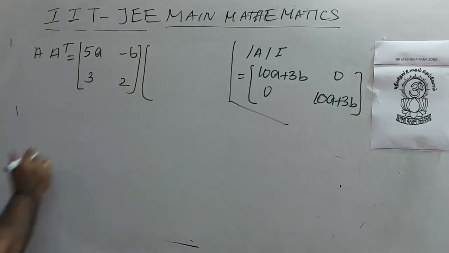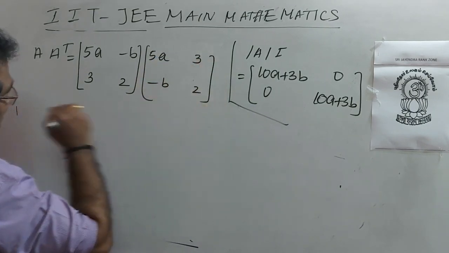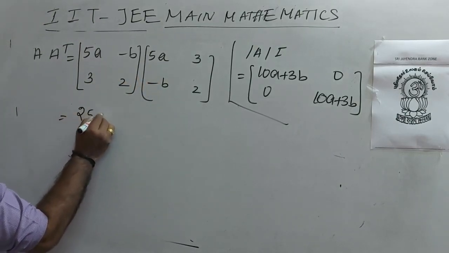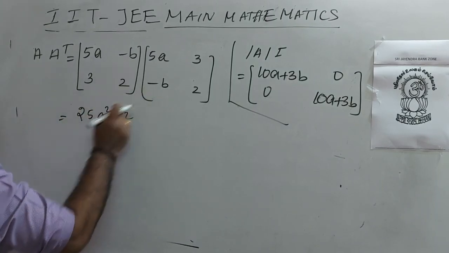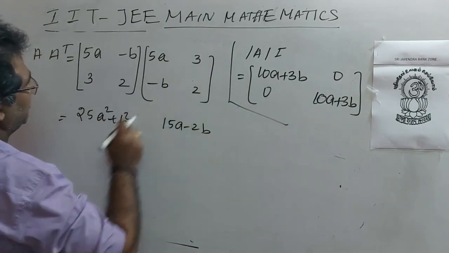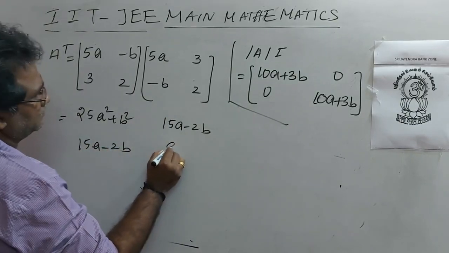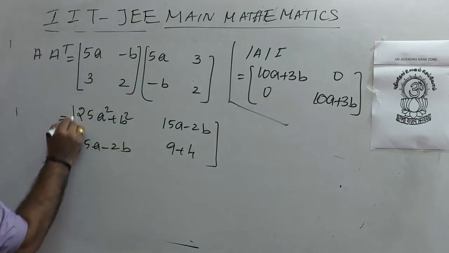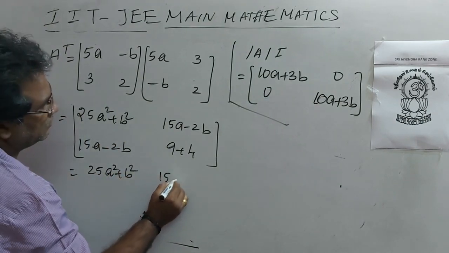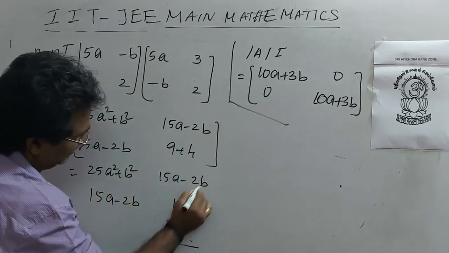We take the transpose of this: 5a, 3 in the first row, minus b, 2 in the second row. 5a into 5a is 25a squared plus minus b into minus b is b squared; 15a minus 2b, here also 15a minus 2b; 9 plus 4 is 13. So 25a squared plus b squared, 15a minus 2b, 15a minus 2b, 13.